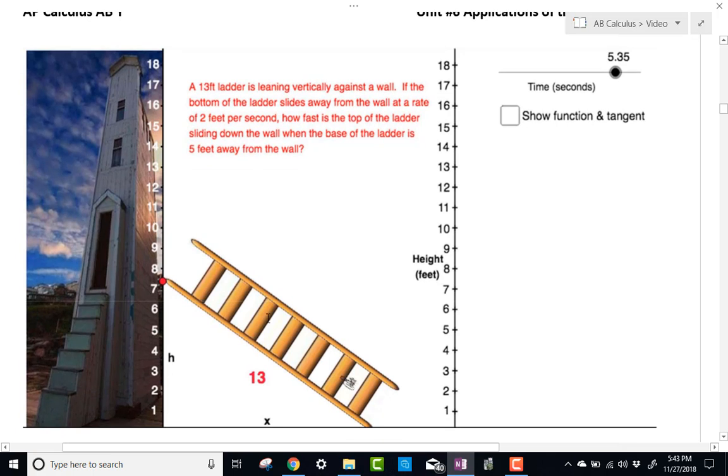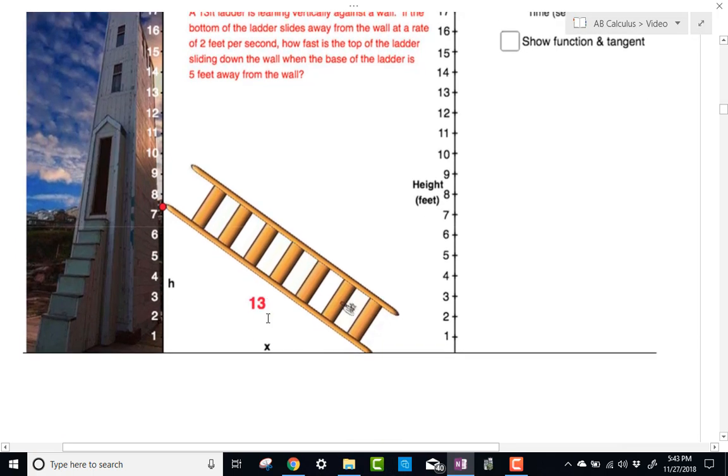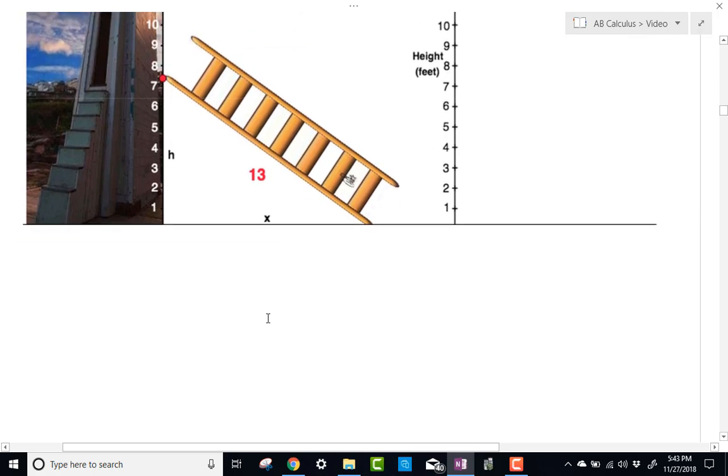And so we're going to take a look at how to set up this problem. Okay? So, like we saw in the video, the top of the ladder falls faster as time gets bigger. As t gets bigger, the top of the ladder is actually falling faster. And we talked about the fact that this is dh/dt.